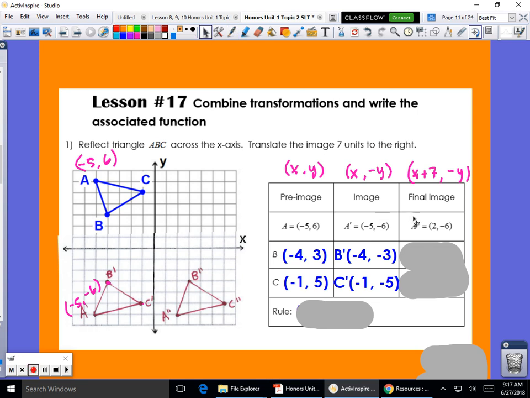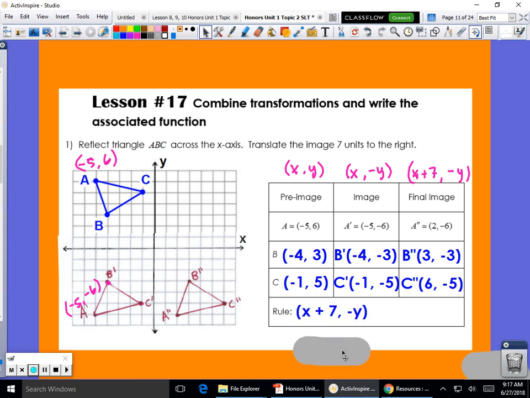So here we added 7 to the x. Add 7 to the x, 3, negative 3. Add 7 to the x, 6, negative 5. All right, so then the question down here is, well, what is the rule? To get from the pre-image to the final image after you take both steps, what's the rule? Well, right here, I did 1 step, and then from there, I applied the 2nd step. So x plus 7, comma, negative y.